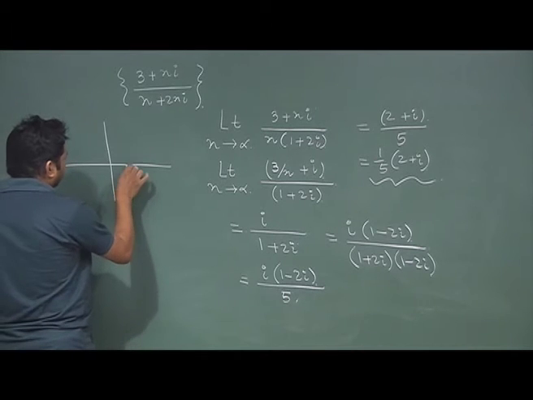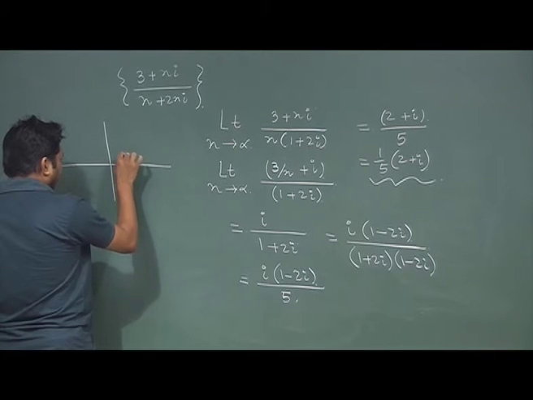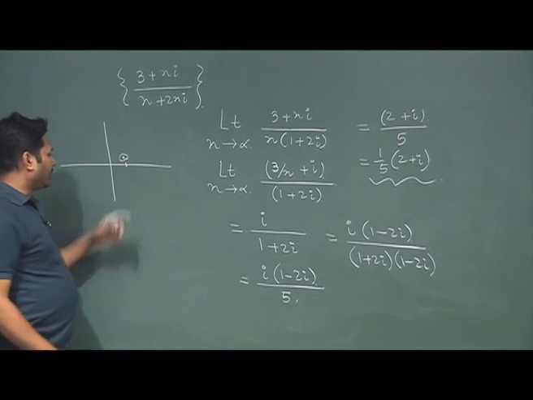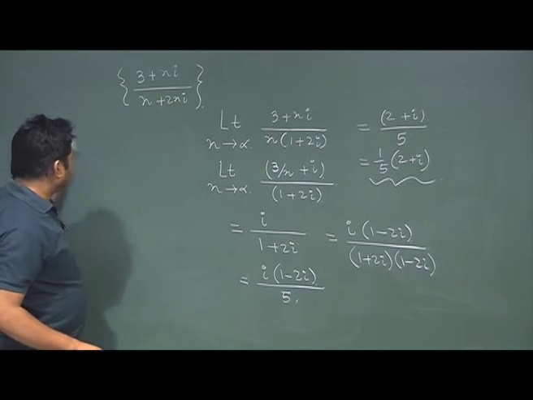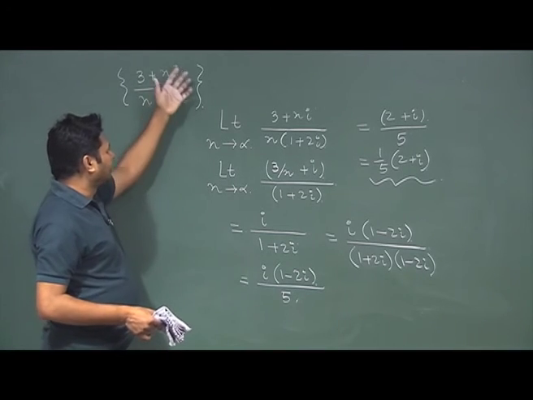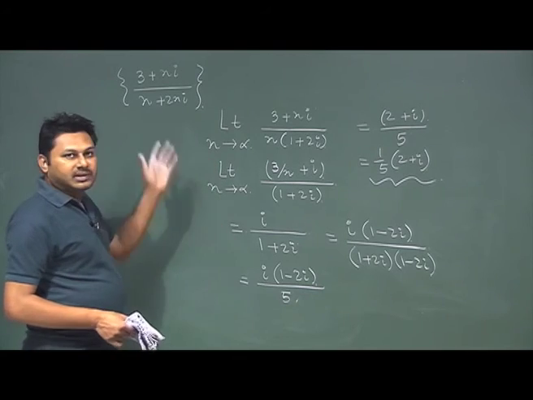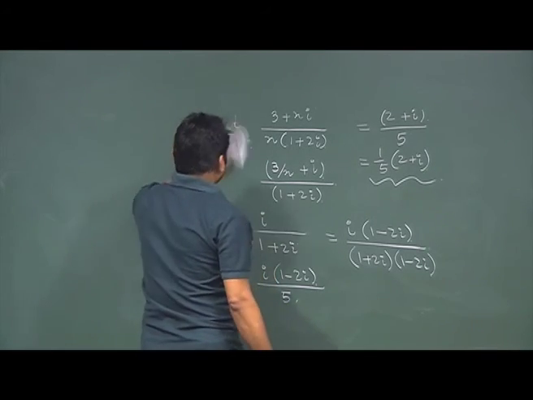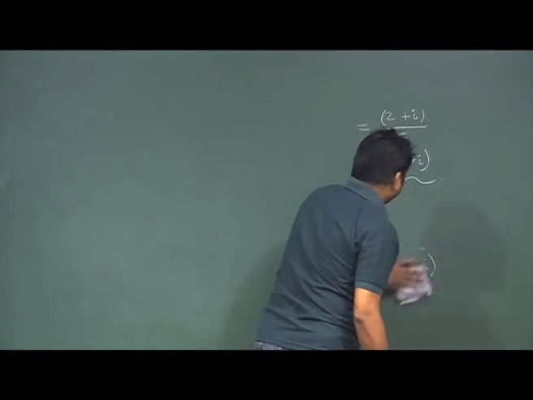So, 2 by 5 is somewhere here and 1 by 5 is somewhere here. So, it is converging to some point here. It depends on how the sequence is given, and every time the procedure is the same, and if it is converging, you will find a specific point where it is converging.